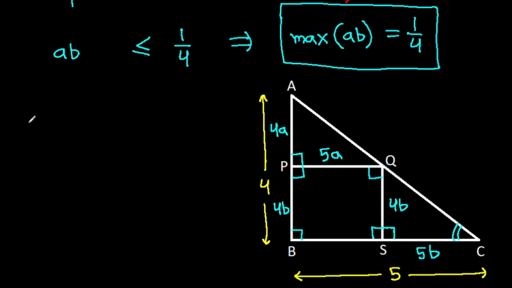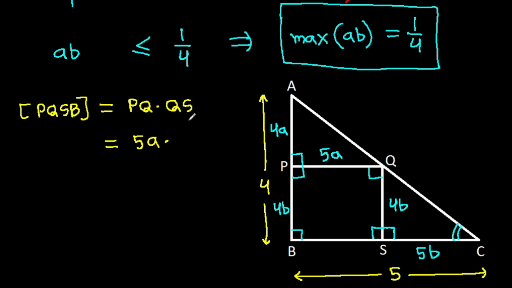Now area of PQSB will be PQ times QS, and PQ is 5A times QS is 4B, and it is 20 times AB. It is the area of PQSB.